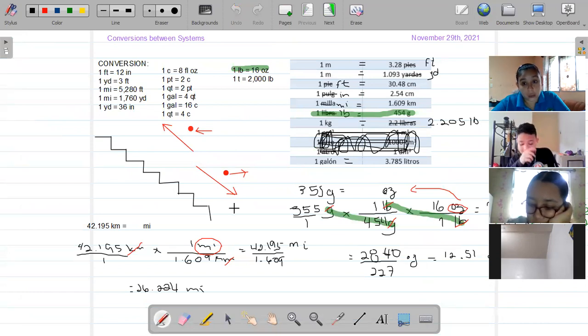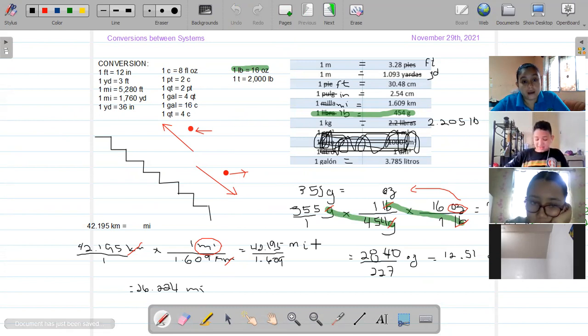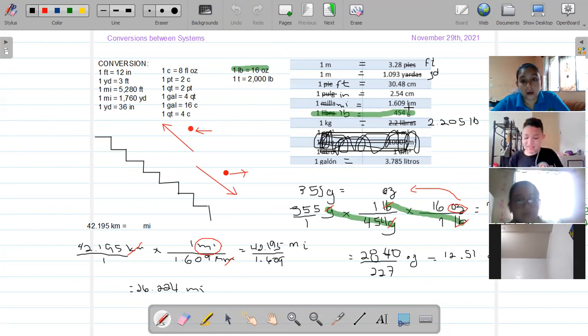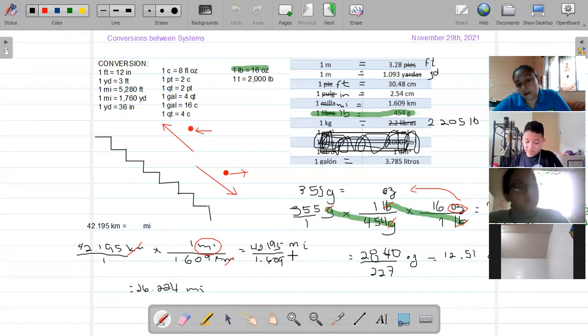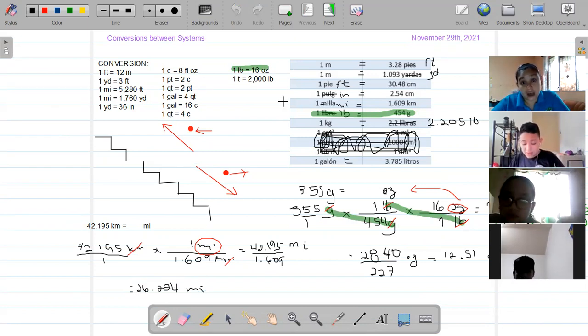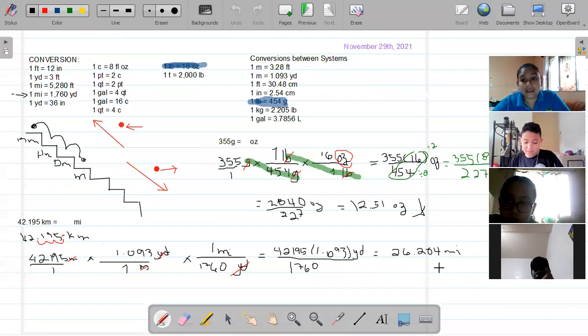Because we do have the units that go from kilometers to miles, okay? 1 mile is 1.609 kilometers, okay? Which I'm going to add for you in there. 1.609 kilometers is a mile. When I did the procedure with that straight away, it gave me 26.224. So the difference is something that will not affect us.